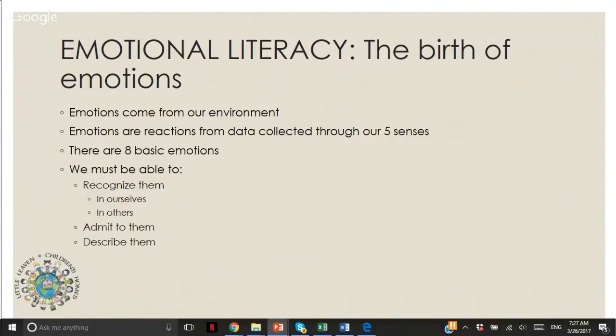So emotions come from our environment. They're born from our environment. How does that work?